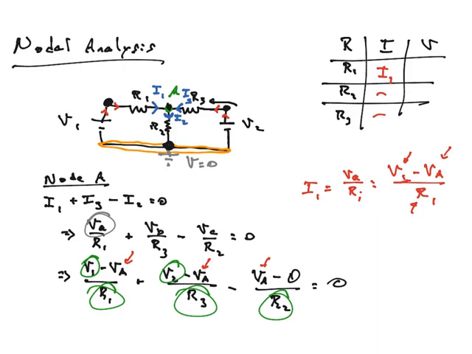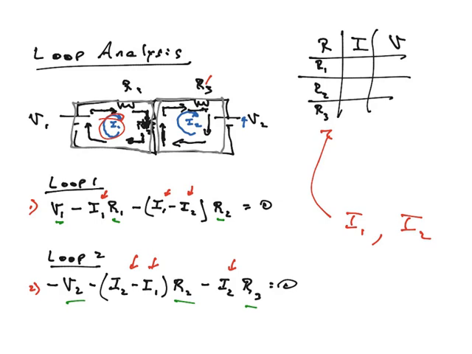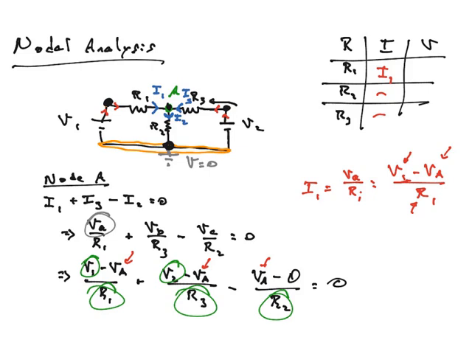So, nodal analysis, just like loop analysis. With a loop, you set up equations, one for each loop, and the equation is for the voltages. If you gain voltage, you add. If you lose voltage, you subtract. I replace the voltages going through a resistor by I times R. And then I solve for my I's.